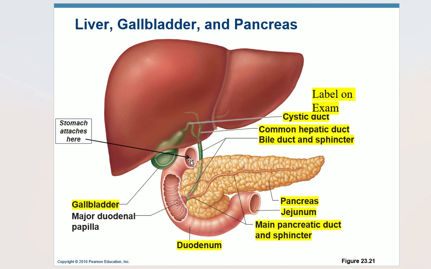Whatever's coming out of the stomach and into the duodenum quickly gets blasted by liquids from those three ducts, from those three organs: the gallbladder, the liver, and the pancreas. So the cystic duct and the common hepatic duct join together to form the bile duct, and with the pancreatic duct, they are all blasting whatever's coming through with some digestive juices.